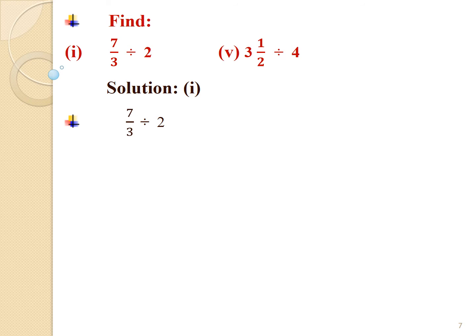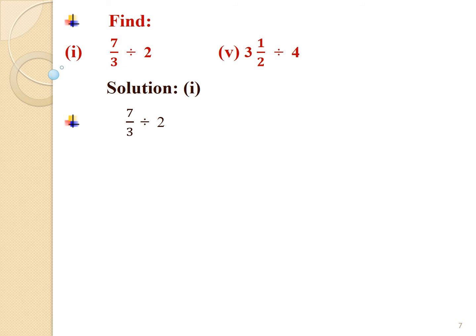Then we have to multiply the first fraction, that is dividend, by the reciprocal of the second fraction, that is divisor. Students, you have to remember that you have to find the reciprocal of only the divisor and not the dividend. Also, you have to first convert the whole number, that is divisor, into fraction.